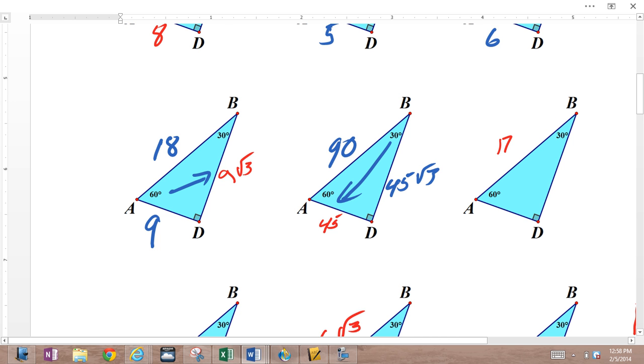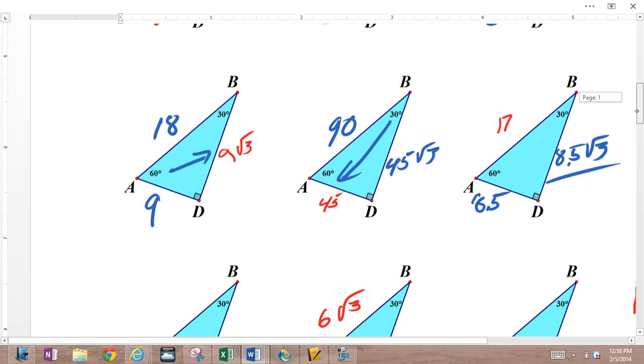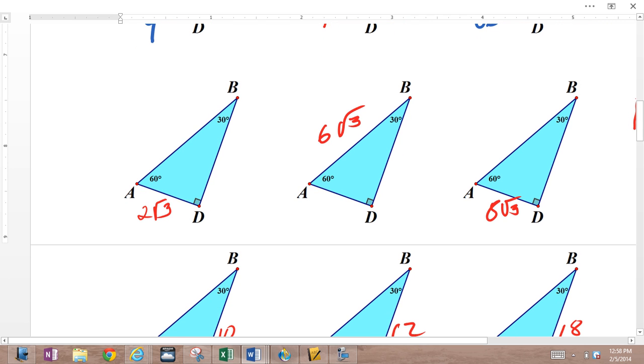Here is the hypotenuse, which is 17. Half of that is 8.5, which is the short side, and the short side times root 3, 8.5 root 3, is the long side. Given any one side, the other two can always be found. Here is the short side, opposite the 30.